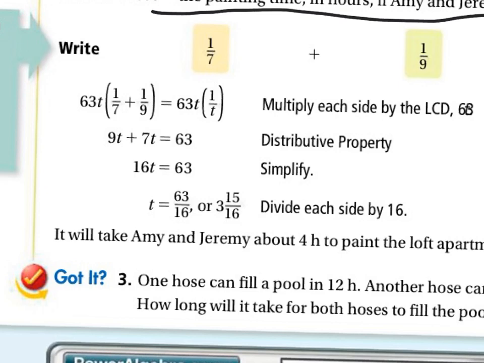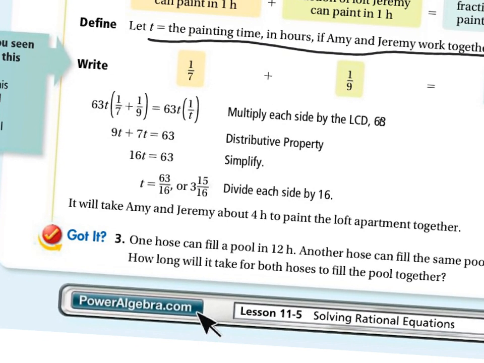That would be 16t equals 63. So t equals 63 over 16, and that would be 3 and 15/16. So by this calculation, it would take 3 and 15/16 hours to paint the apartment together.